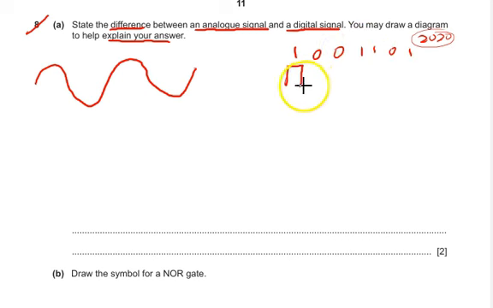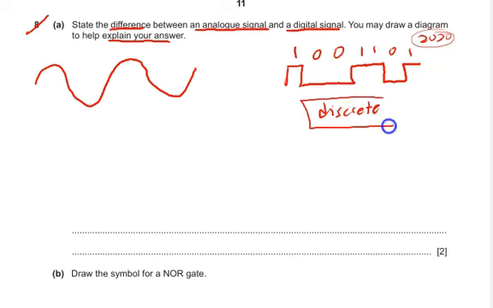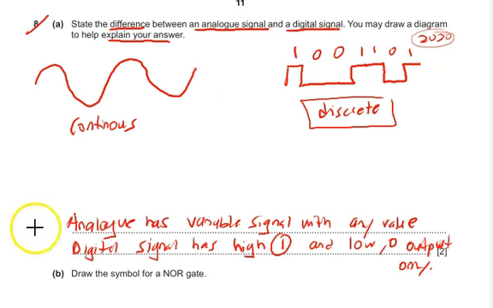So 0, you don't have any data, 1 you have here, and 0 and 1 again. So this is a digital signal. This is more discrete, and this one is a continuous signal. These are the main differences for both of these. This is my rough explanation here.